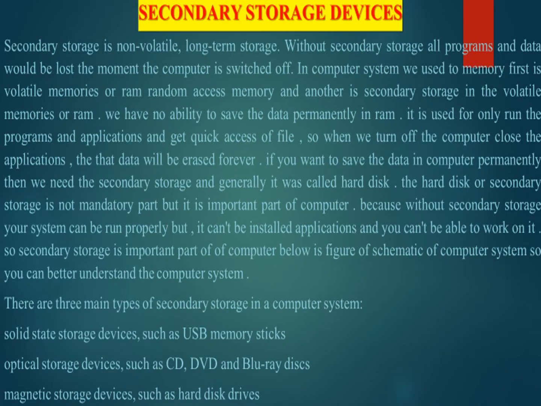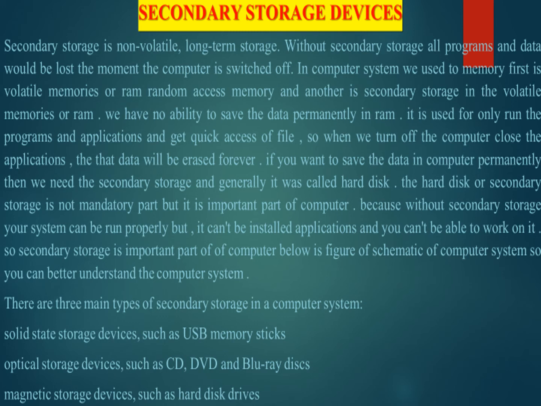Secondary storage device. A secondary storage device is non-volatile, long-term storage. Without secondary storage, all programs and data would be lost the moment the computer is switched off. In computer systems, we use two memories: first is volatile memory or random access memory, and another is secondary storage.